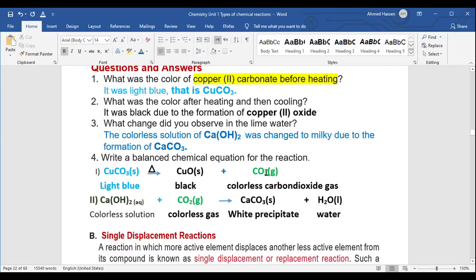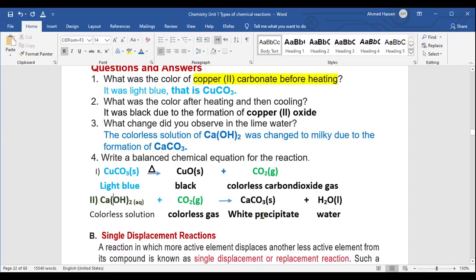The colorless gas reacts with the colorless lime water, calcium hydroxide, which changes into milky due to the formation of calcium carbonate.